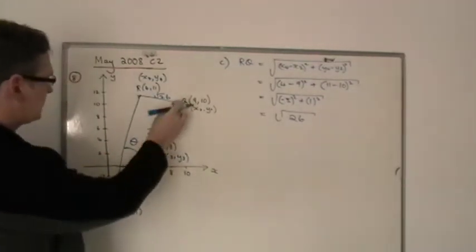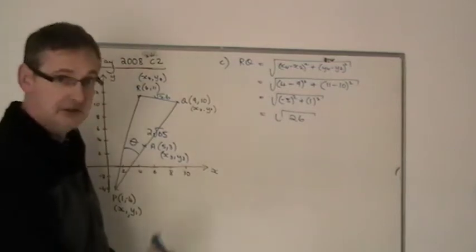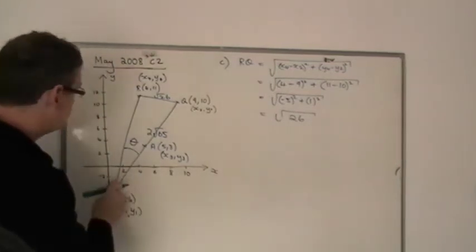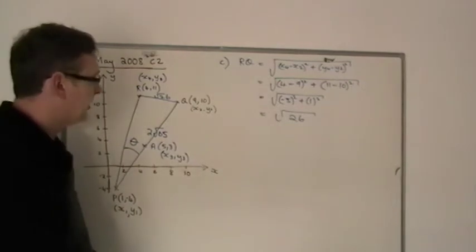So now I know the length of 2 sides. Do a similar thing very quickly for P to R, and I'll know three sides.